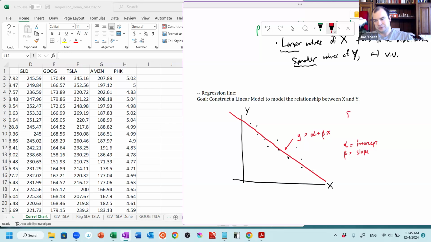Little side note, this has nothing to do with significance or power. I know we just finished up hypothesis testing where alpha was the type 1 error rate, the significance level, and beta was the type 2 error rate. It was 1 minus the power.